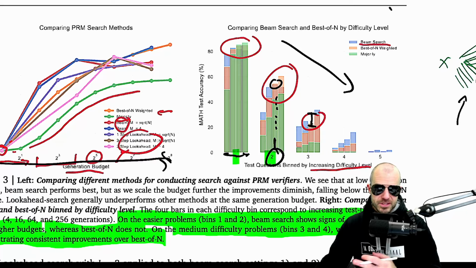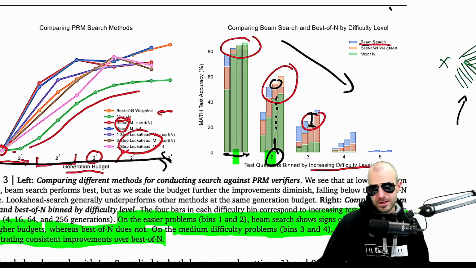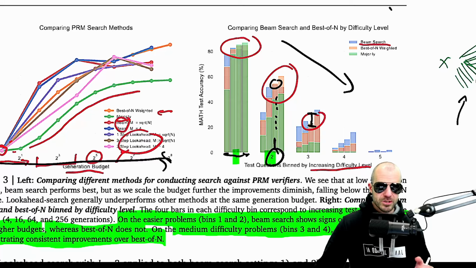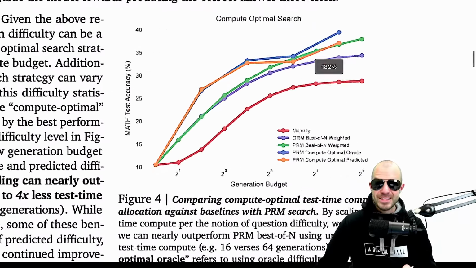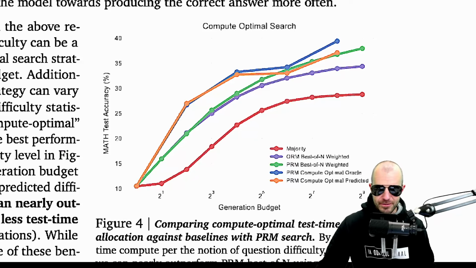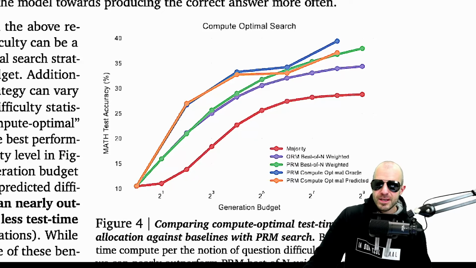So this process of finding the optimal thing to do and then applying it depending on your budget and on your question, that is what they call compute optimal allocation. Again, it's only compute optimal over the three things they've tried, and already that requires determining the difficulty and so on.